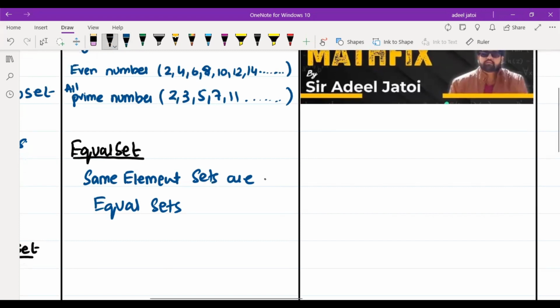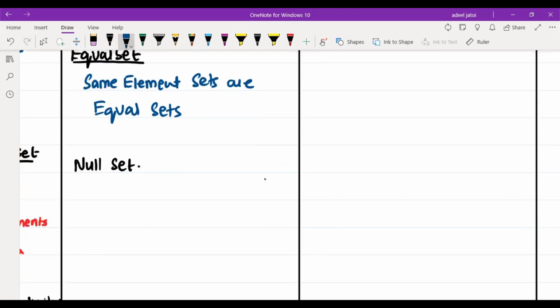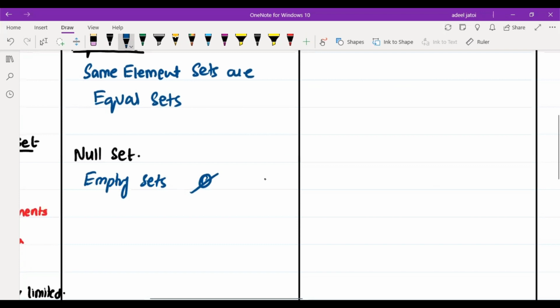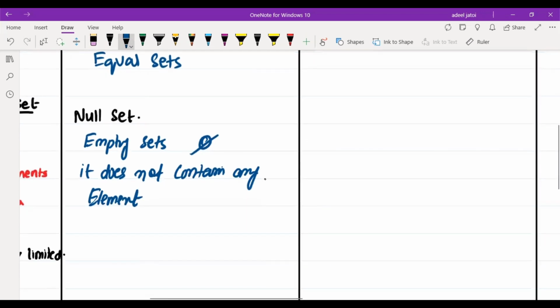Then we have a null set. All null sets are empty sets. Empty sets are represented by this. It does not contain any element, I would say, from the universal set.